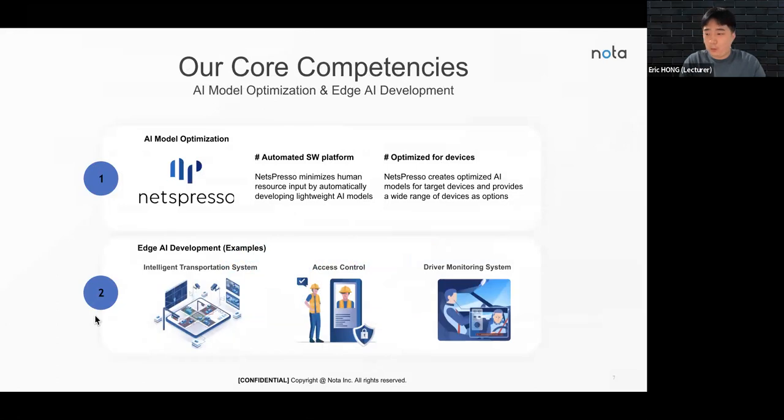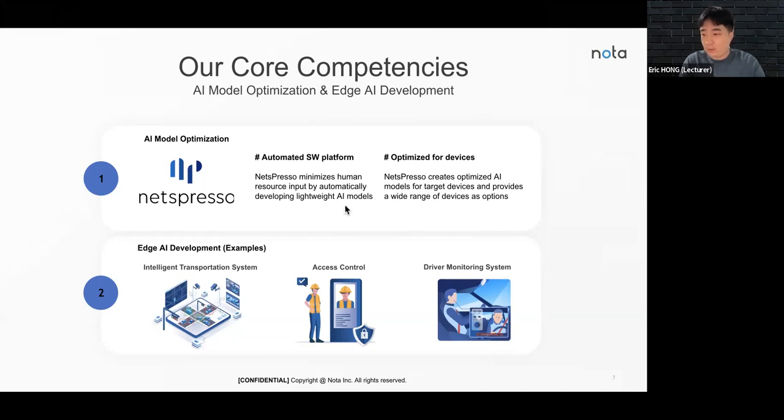Nota's core tech competency can be roughly divided into two categories. First, our core technology, AI model optimization, which is also called Nespresso. The technology helps reduce the manpower cost of creating lightweight AI models. The lightweight AI model is built to run on small hardware boards called edge devices.